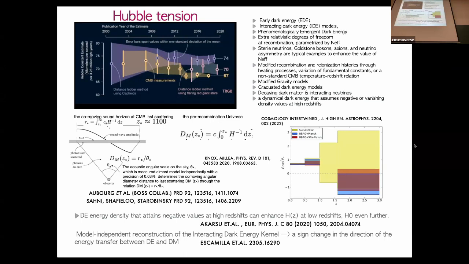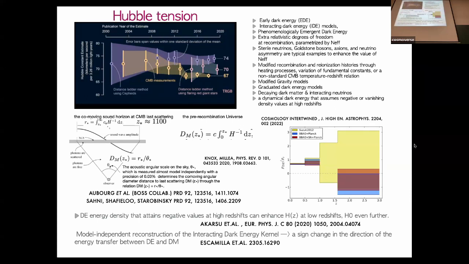Let us think that we should keep D_M star constant, and at high redshift we get a negative contribution from dark energy. It means that this is a mechanism that works, and we can enhance the H(z) at low redshift, as we know, and as well H0.